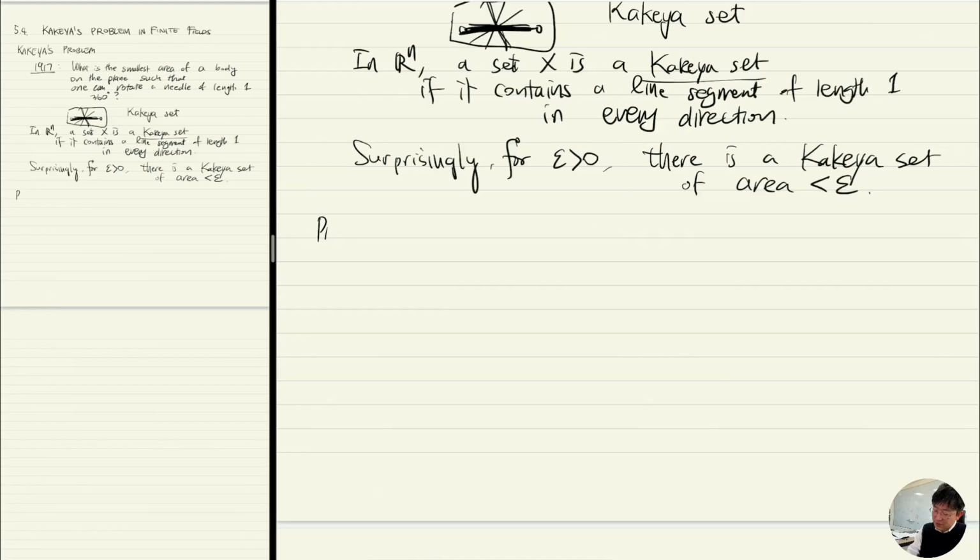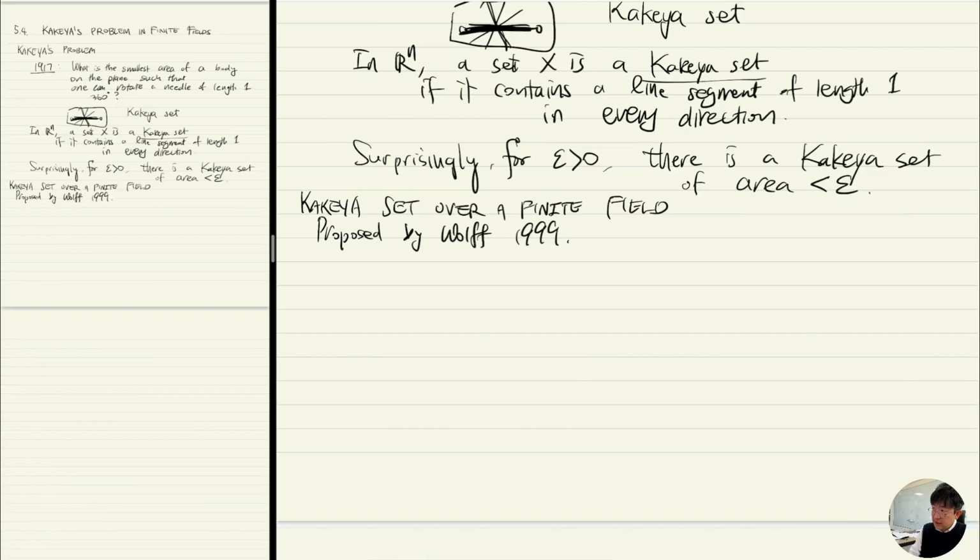The Kakeya set over a finite field was proposed by Wolff in 1999.